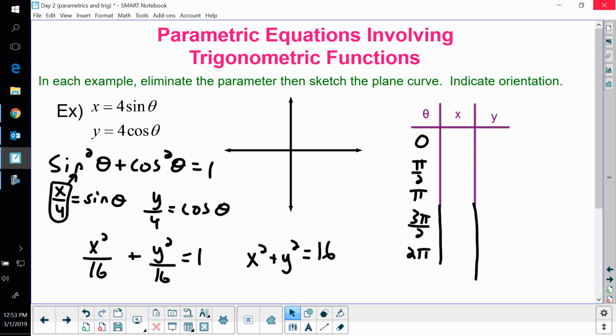So when we sub in, the x was the sine, but we had a coefficient of 4, so sub in the 0, 4 times 0 is 0. Sub in pi over 2 for the sine, we'll get 4 times 1, so we'll get 4. And keep going, we get 0, negative 4, back to 0. When we do the coses, cos starts at 1, so 1 times 4 is 4. So we'll have 4, 0, negative 4, 0, and back to 4.